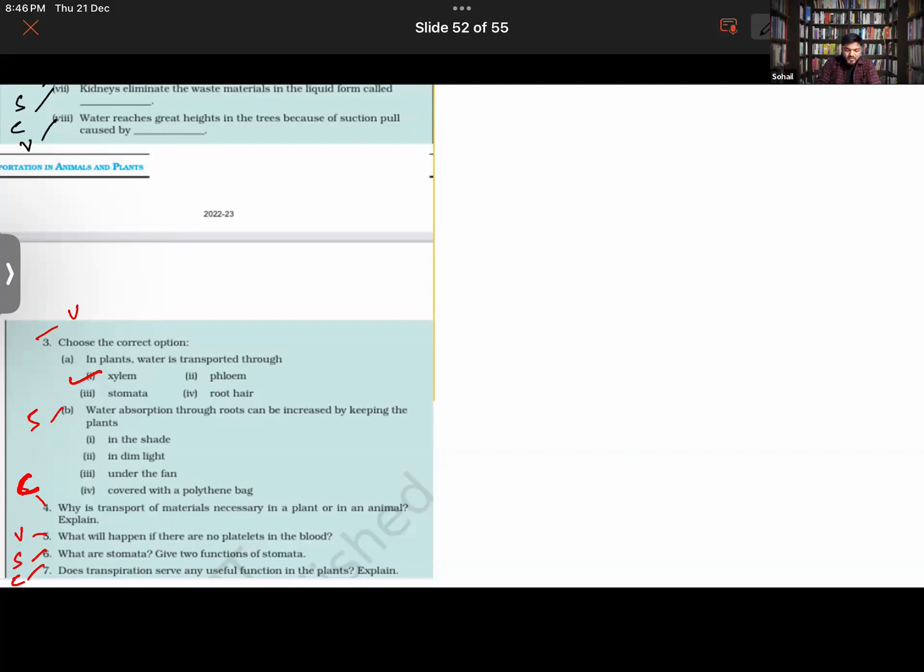When we talk about transport of materials, whether in plants or in animals, it refers to both the nutrients and the waste materials as well. So we have to consider nutrients also. Material here also refers to oxygen and carbon dioxide gas.